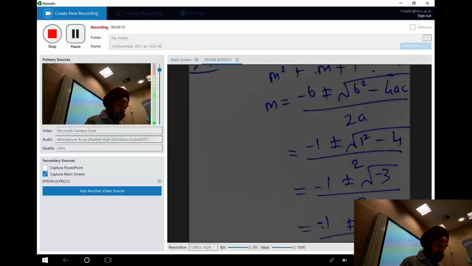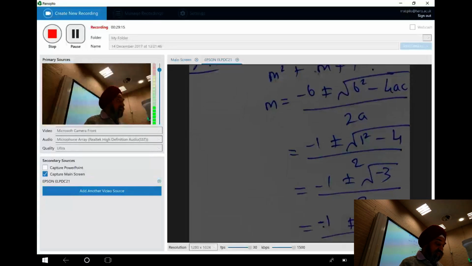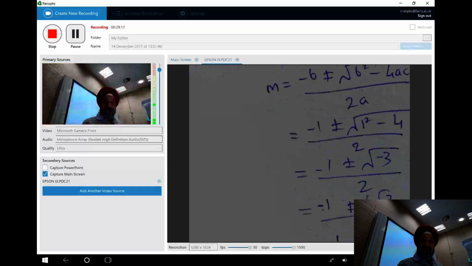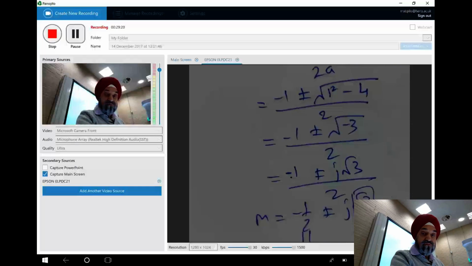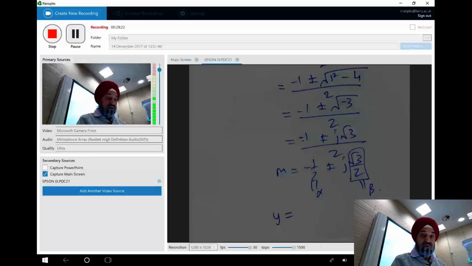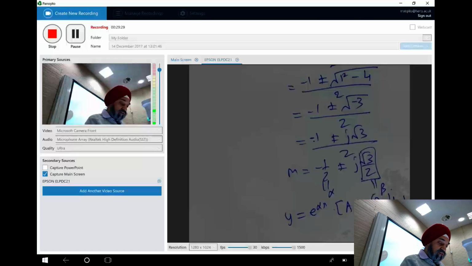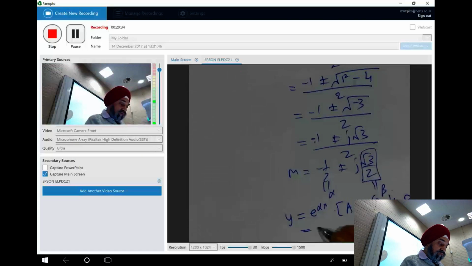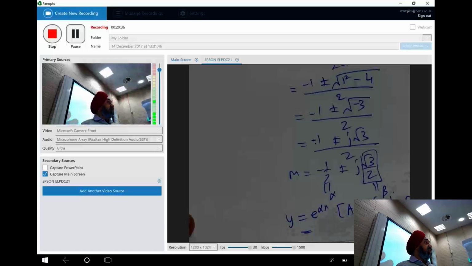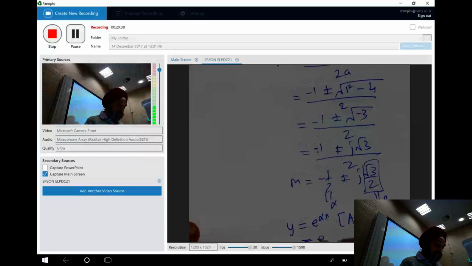y is equal to e to the alpha x, a cos beta x plus b sine beta x. And in this case, alpha, of course, is minus a half, so e to the minus a half x.